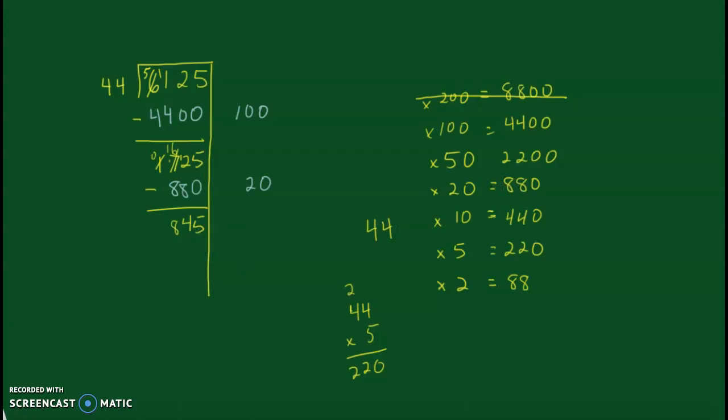So the next one I can go with is 440. And that is 10. Then we subtract. So it'll be 405. So the closest we can get to that is 220. And that's going to be a 5. And we'll subtract that.